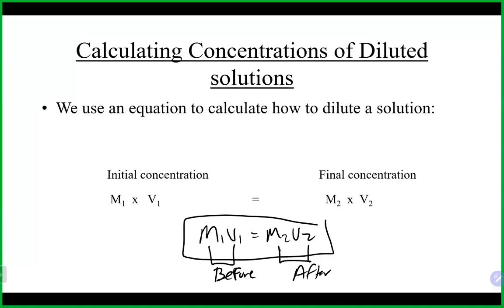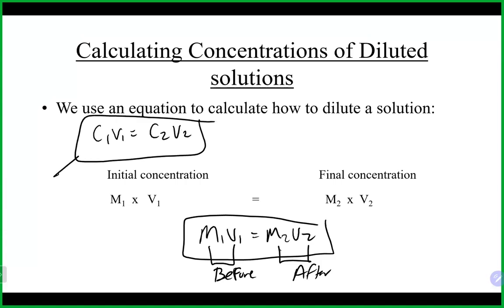Now, nowadays they like to teach people C1V1 equals C2V2, which is just generic for concentration, and V obviously is volume here. That's because you could use this equation for any type of concentration unit.